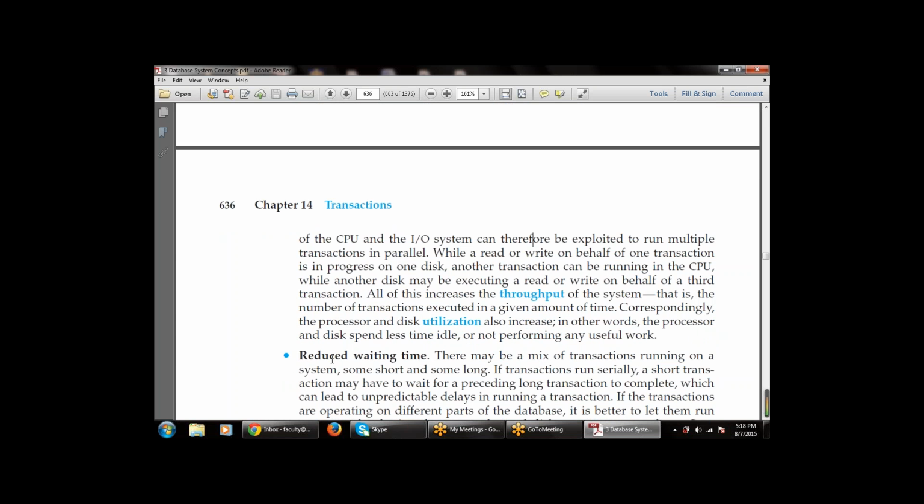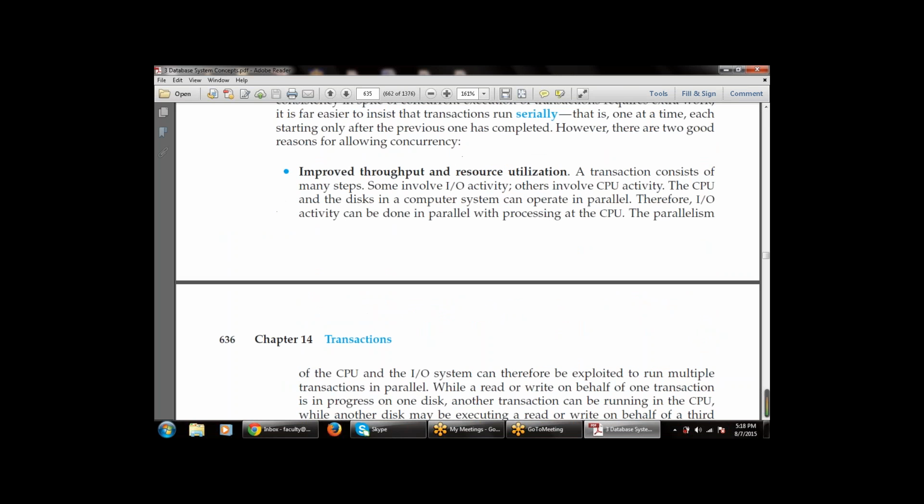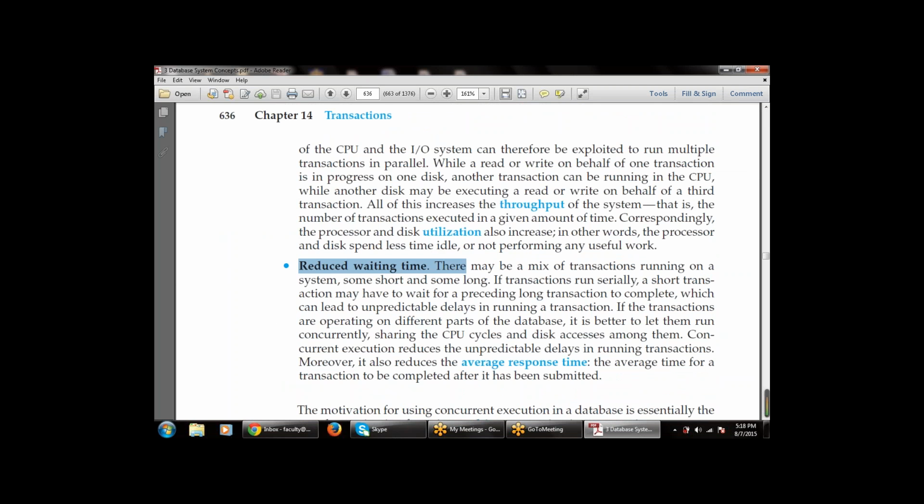The next is reducing the waiting time. So the first one is improved throughput, then reduced waiting time. There may be a mix of transactions running on a system, some short and some long. If the transactions run serially, a short transaction has to wait for a preceding long transaction to complete. That leads to unpredictable delays in running a transaction.